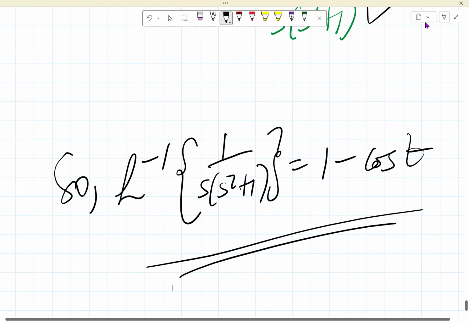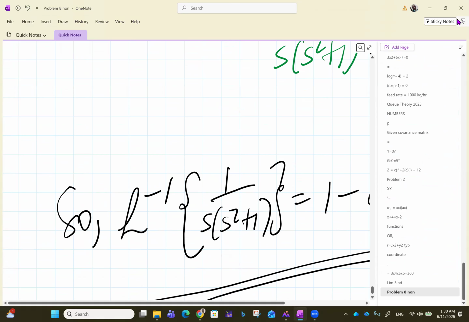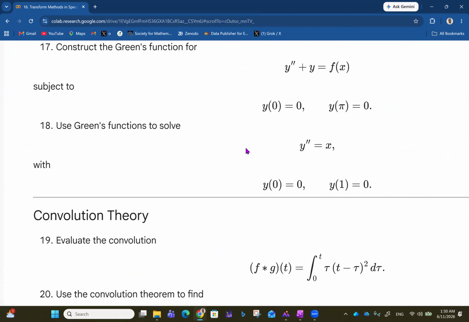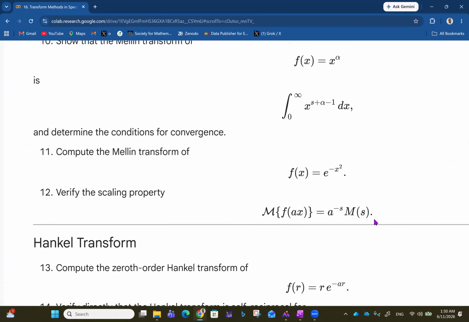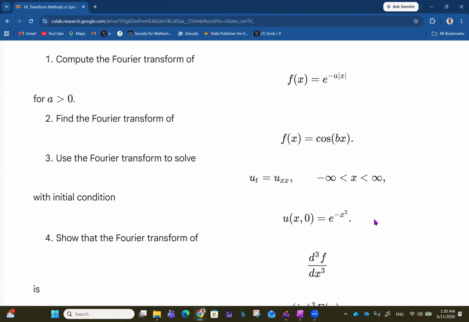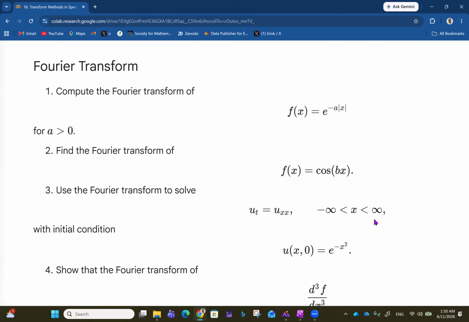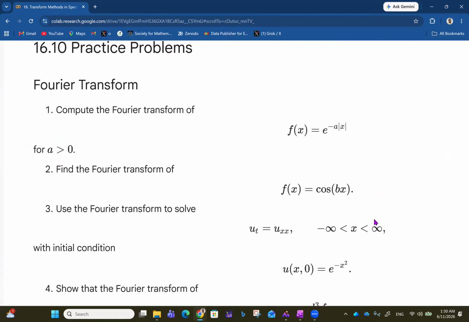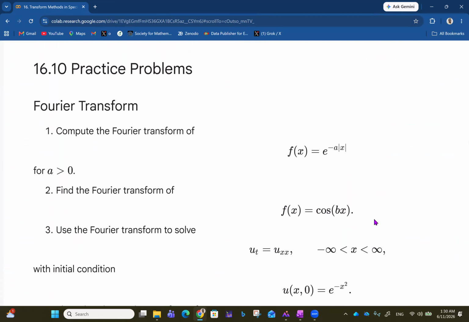So with this, we come to the end of this interesting video about transform methods in special functions. Again, look at the problems and tackle them based on what you understand. Here, 1 to 3 are showing clearly.